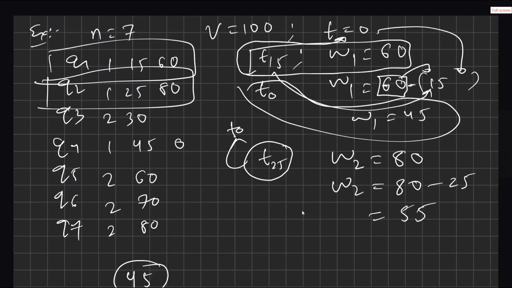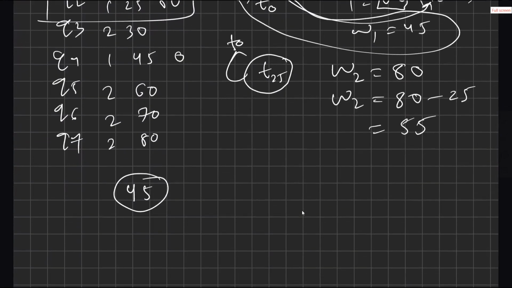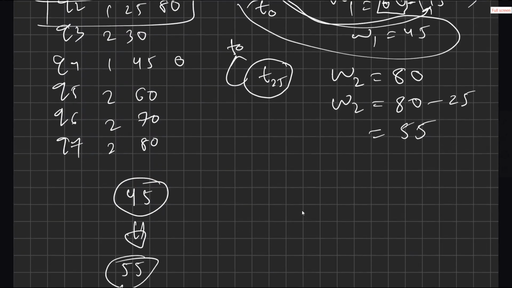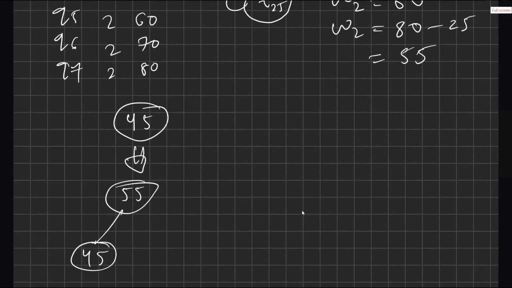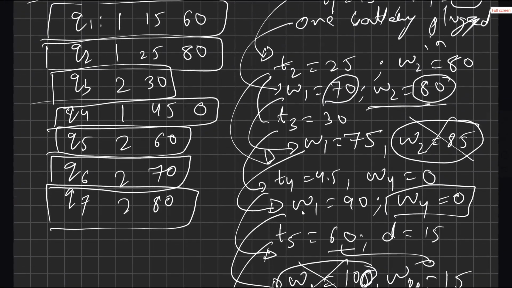So we have got this node, and now your heap will look like this. Your 55 will be at the top, and 45 will be its child. Battery 2 is the highest, and from the previous calculation also it was highest.